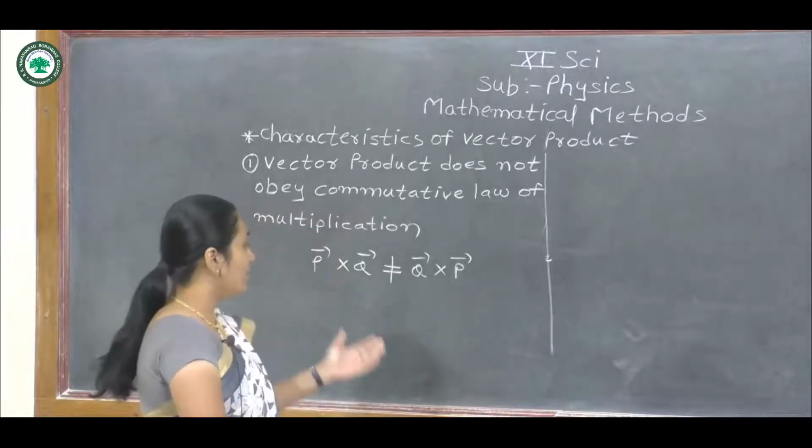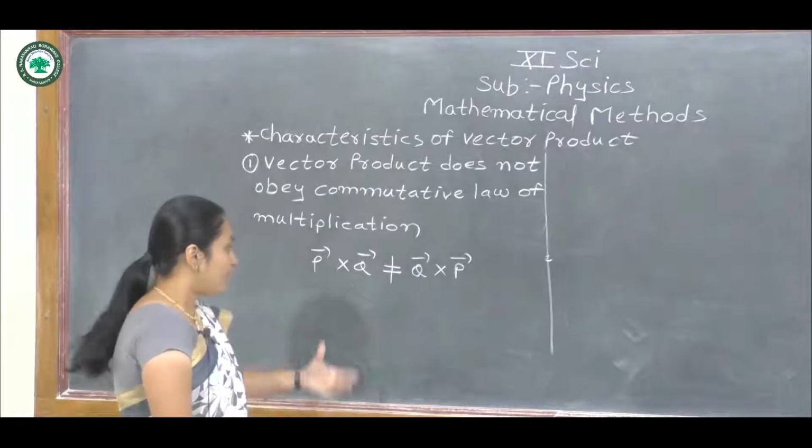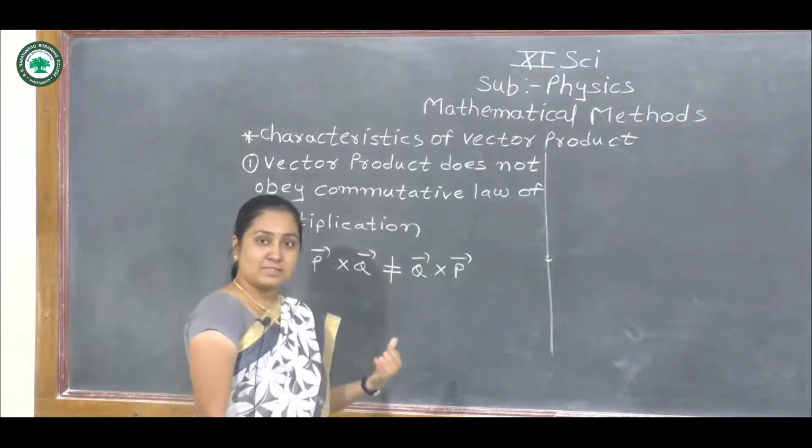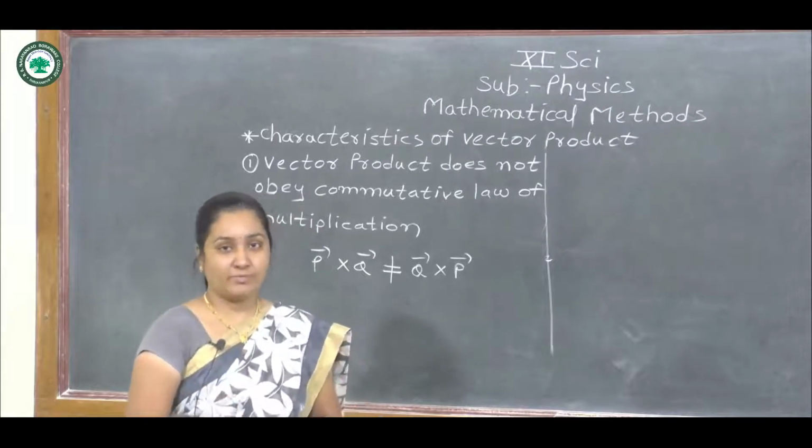So this is the commutative law of multiplication, that is, the product of two vectors is equal if we change the order of them.